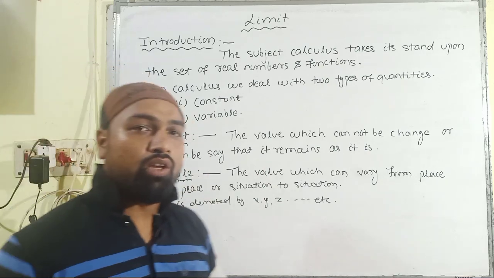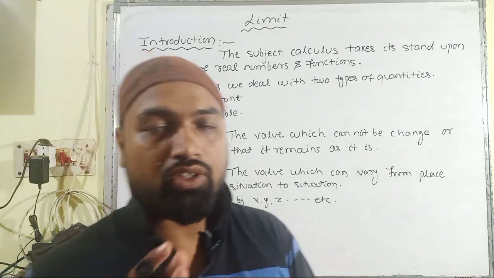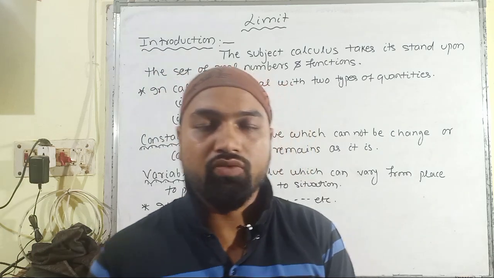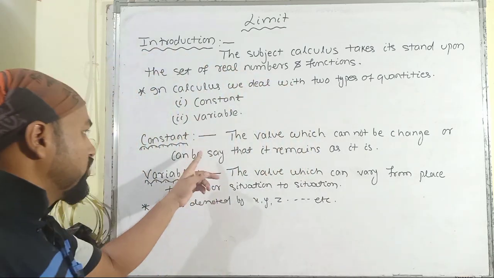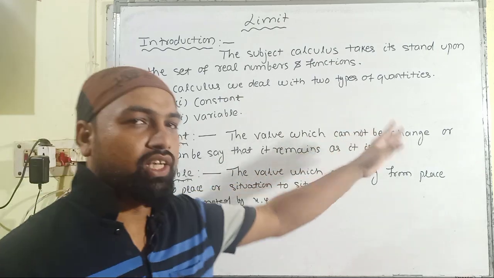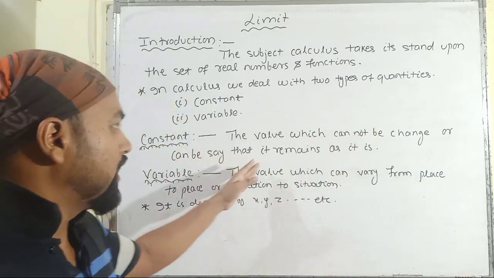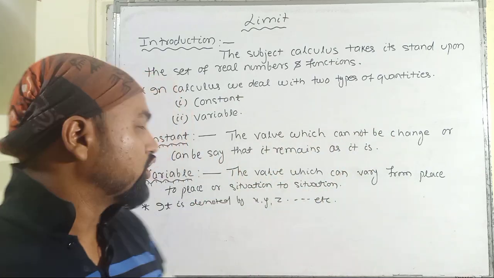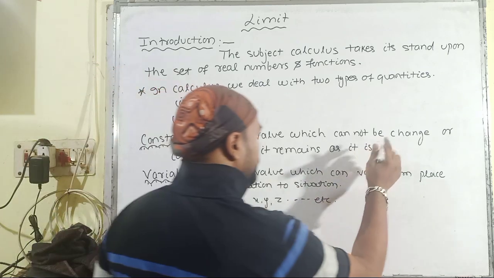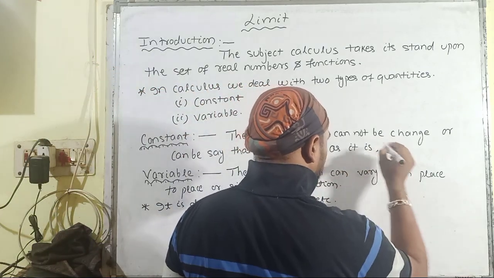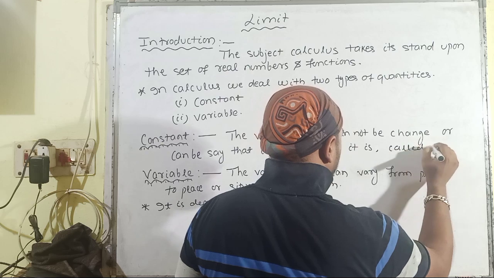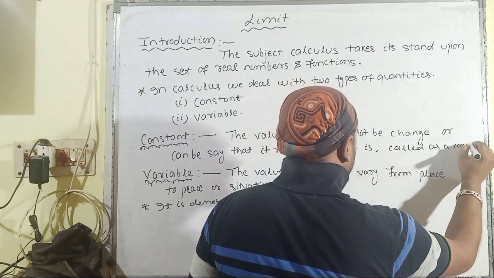In calculus, we deal with two types of quantities. The first one is constant, the second one is variable. What do you mean by constant? The value which cannot be changed, or which remains as it is, is called a constant.